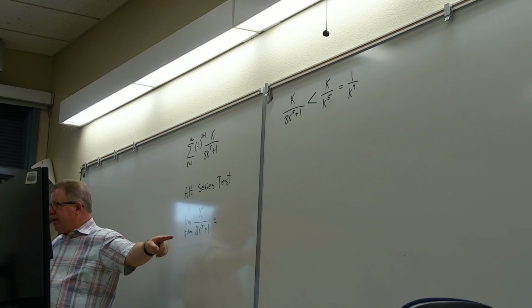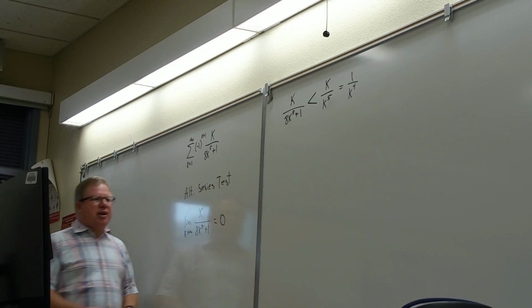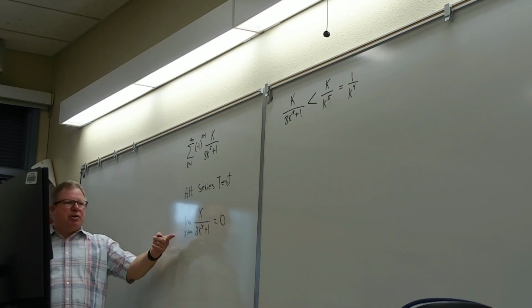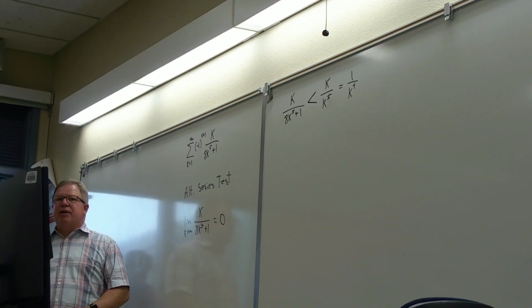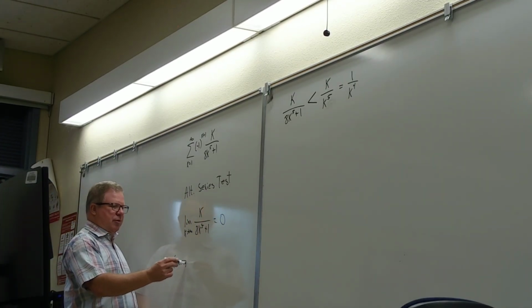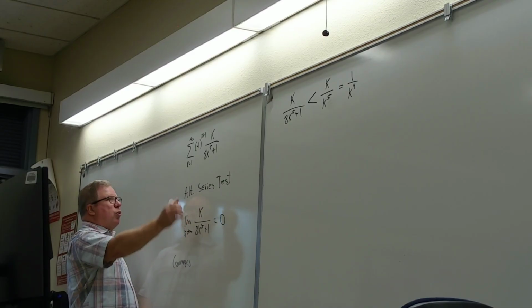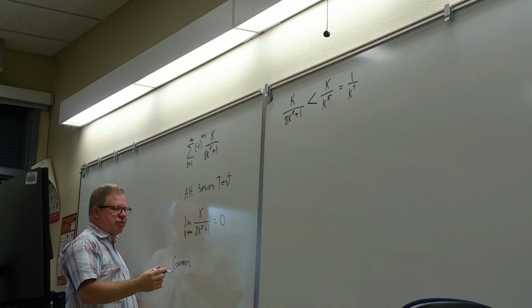The limit is always 0. And what does the alternating series test say if that limit is 0? Converges. That idea only works when it's alternating. If it's not alternating, then this would be inconclusive.